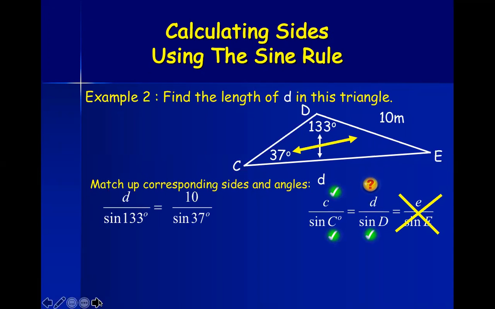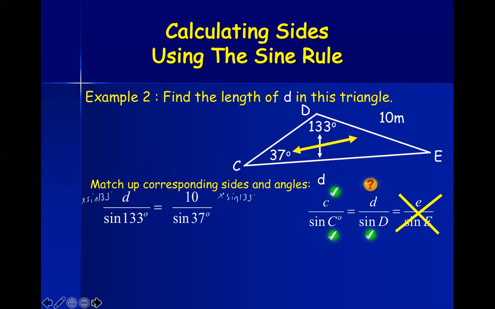10 over sine 37. So to get rid of sine, you times by sine 133 both sides. And remember what we said, we want to make sure that the equation is always balanced.